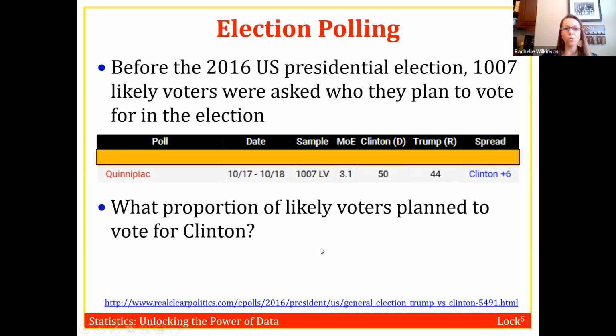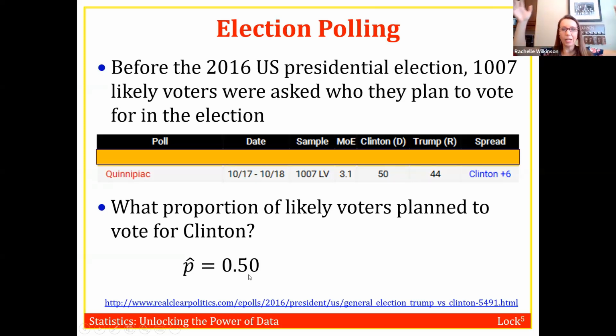And in that poll, the results said that 50% of the people in that survey said that they planned to vote for Clinton. So this 50% came from our sample here, the sample of 1,007 likely voters. So it is a statistic.